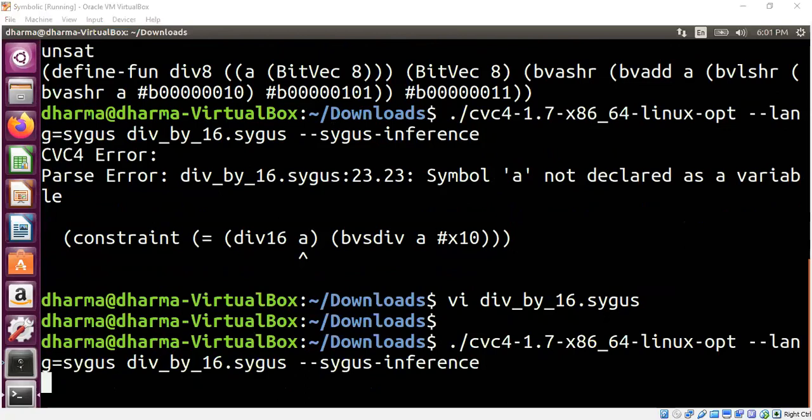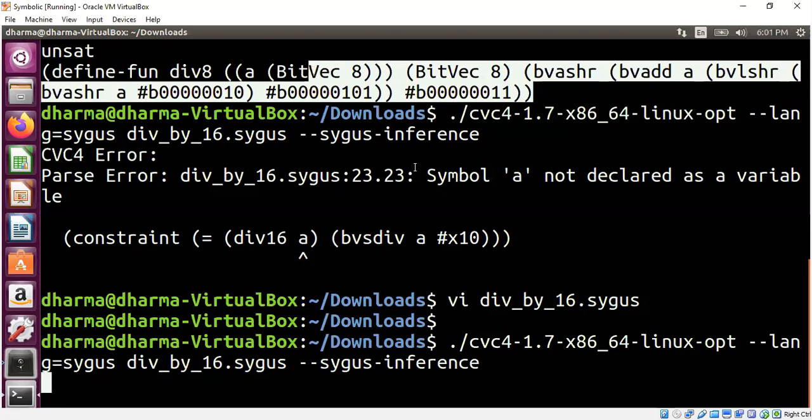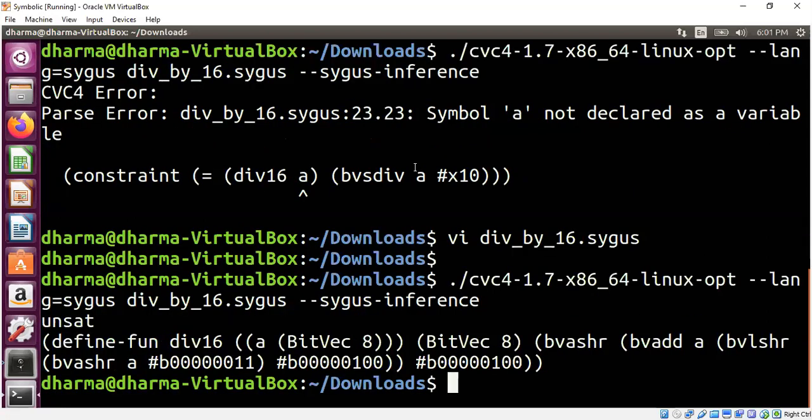The program is computing a by 16, and it will give us an expression like the one that you're seeing here for 8. As I said, it has computed successfully a program which we can use for analysis.